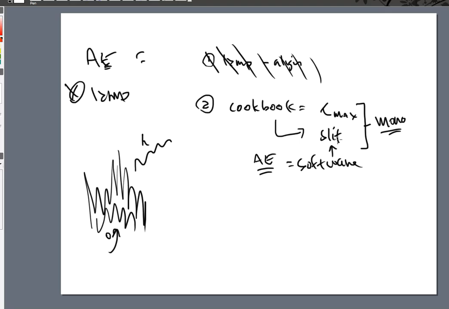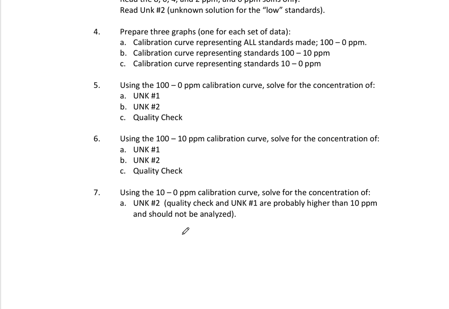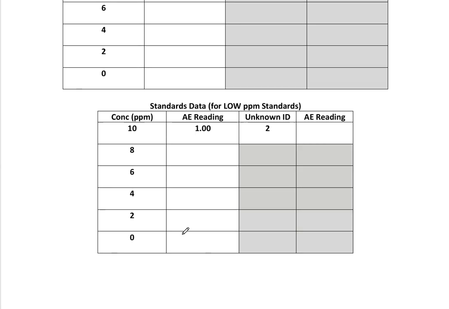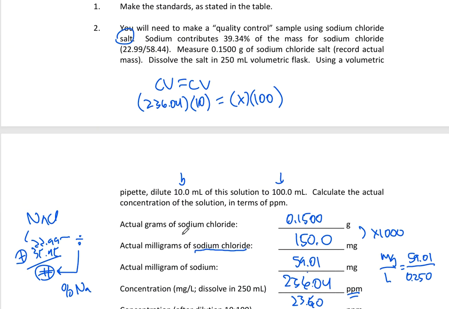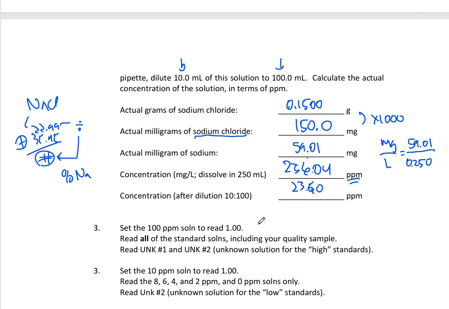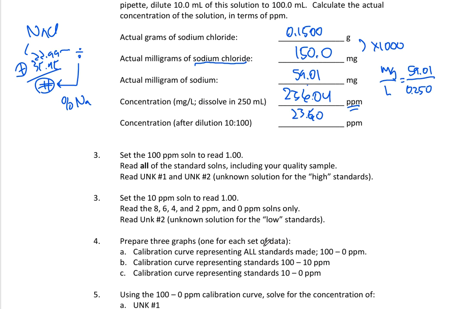So there are numbers that we still have to pay attention to, and we want to make sure that we record those numbers down because I believe the data sheet is going to end up asking for it. All right. So if I'm not mistaken, let me see. If not, it will be added. So I'm not going to waste your time more in the video right now. We'll see it if it comes up a little bit later. But if it does not ask for the wavelength and the slit width, you will see blanks there for you to record that data.